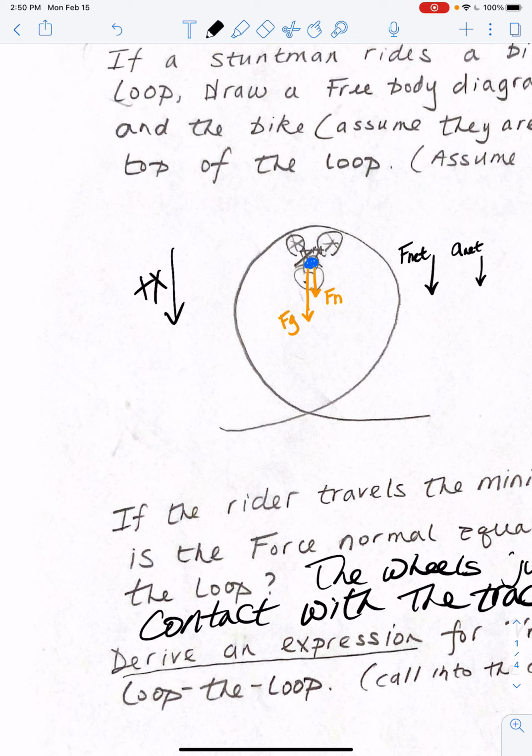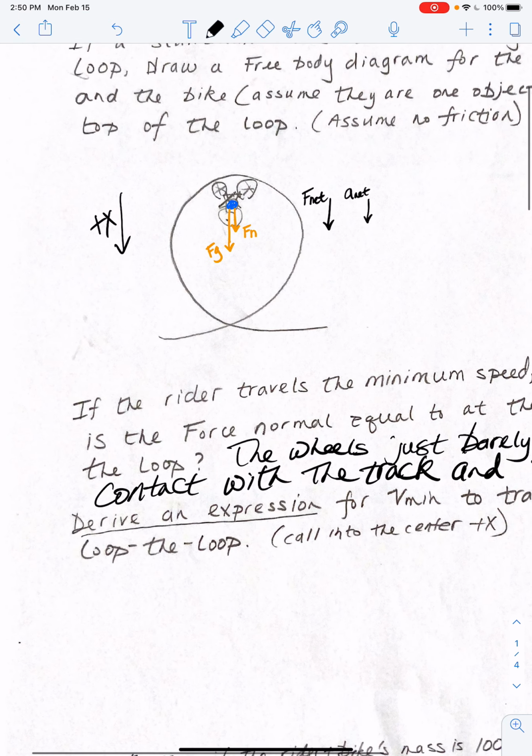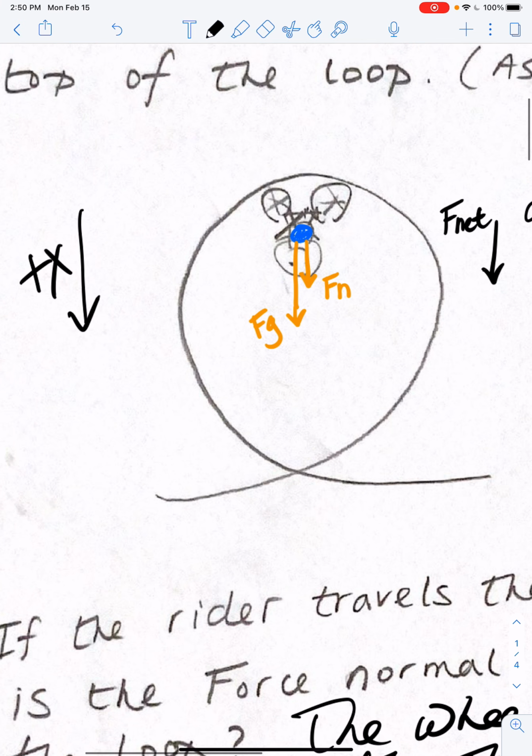Because if an object is traveling in a circle, then it's going to have a centripetal force pointed into the center, a net force into the center, a net acceleration into the center, and therefore it's going to be positive, and it just makes our life easier. Because sometimes both of these forces aren't going to point into the center. In fact, they're going to fight sometimes. So if the person was on the bottom of the track, or the bottom of the loop.